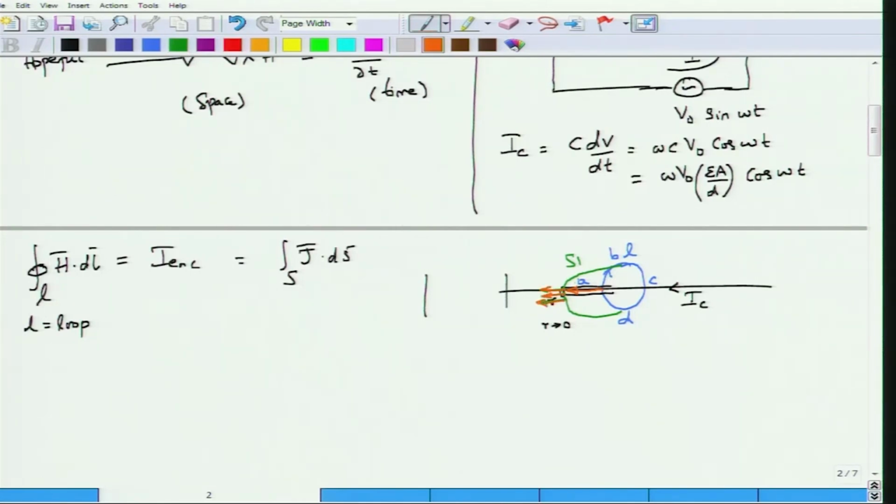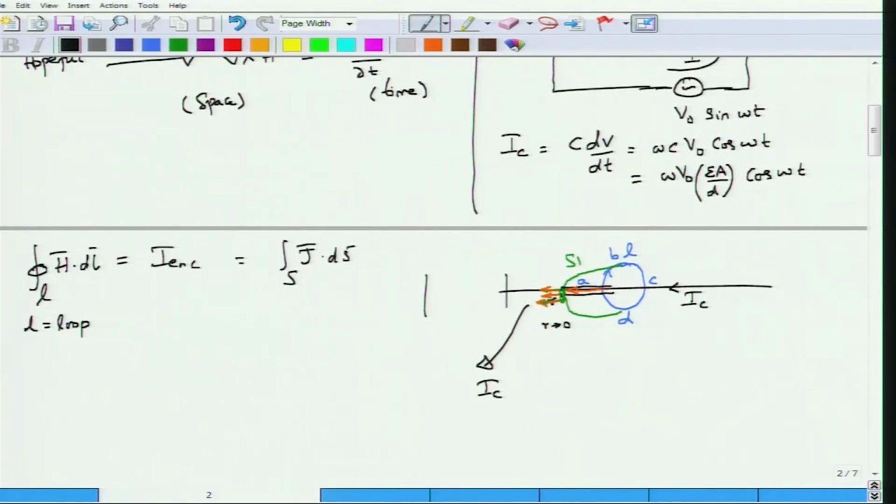If you integrate the current density over the surface area where it is non-zero, you will see that this current is exactly equal to I_C, correct. So the current enclosed must be exactly equal to I_C, and everything seems to be fine.